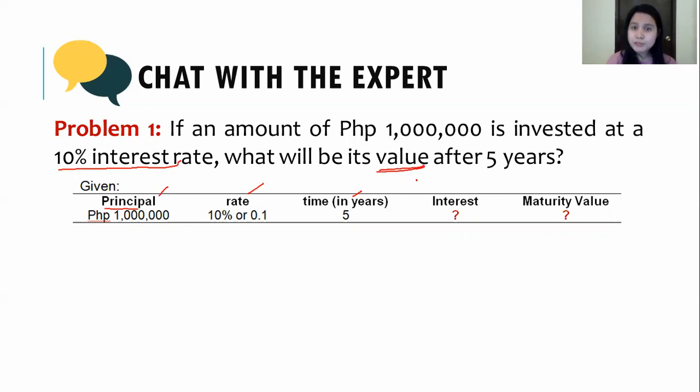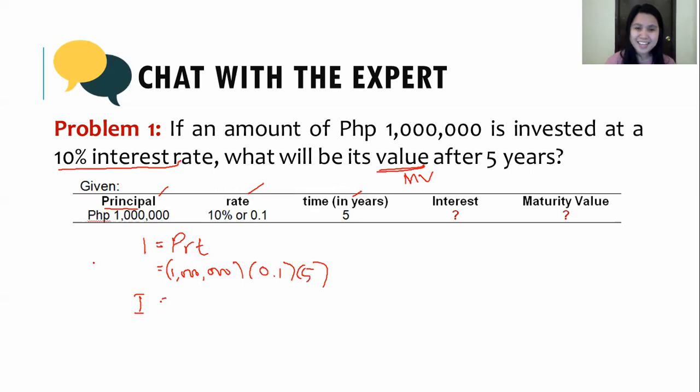We are looking for the maturity value. How much will be the money after 5 years? To start, let's solve first for the interest. That's going to be principal times rate times time. The principal is 1 million. The rate is 0.1. The time is 5 in 5 years.